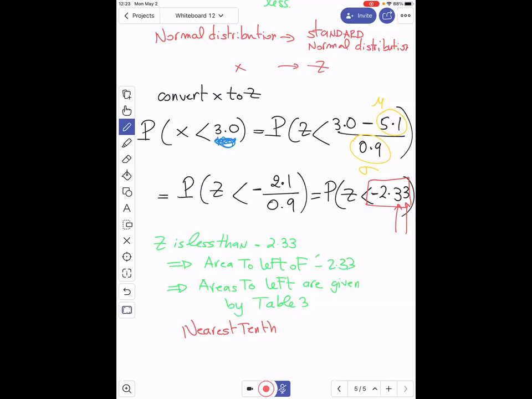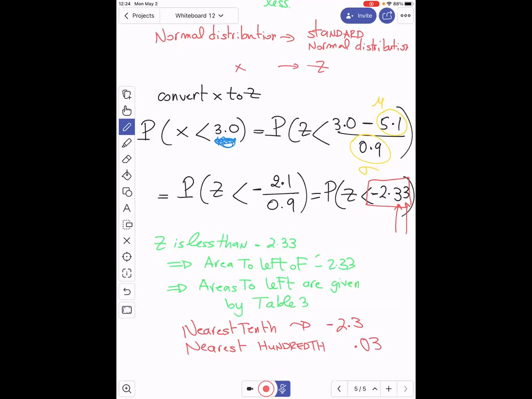So nearest 10th here would be negative 2.3, and we stop at the first digit after the decimal point. Nearest 100th, just take the second digit after the decimal point, which is again 3, so nearest 100th would be 03. All right, so that's my nearest 10th, that's my nearest 100th.